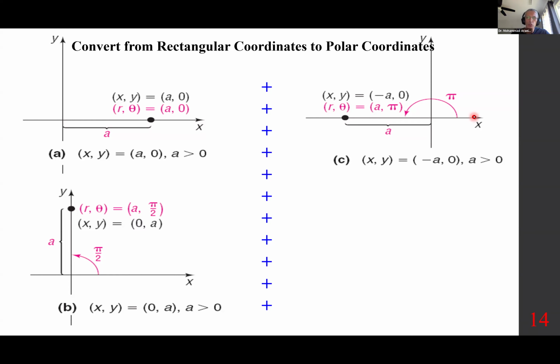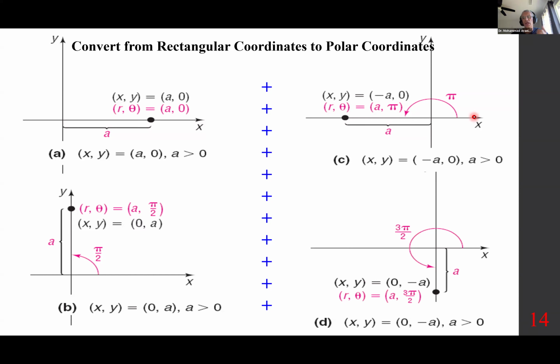We are looking at points on the x-axis, positive and negative side, on the y-axis, positive, and now let's look at the negative side. If we have the distance a, it's 0 comma negative a as far as x comma y is concerned. As far as the polar coordinates, again, we have the same distance a. However, this angle is now 3 pi over 2, so we say a comma 3 pi over 2. It's pretty straightforward.